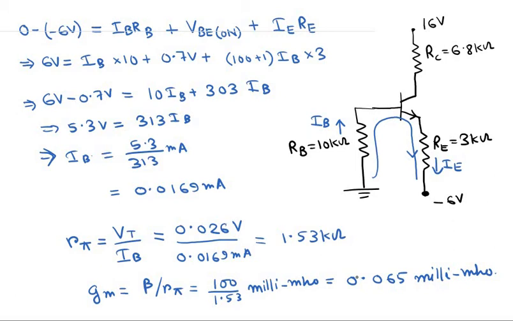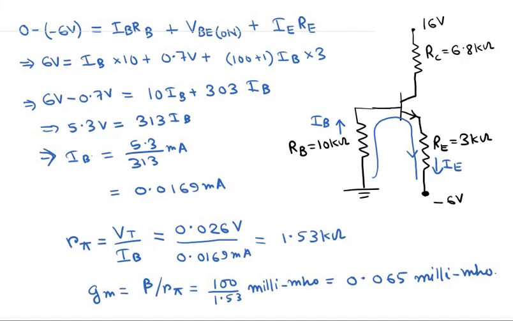And r0 is equal to VA divided by ICQ, and since VA is infinity, irrespective of the value of ICQ, r0 is also infinite. So we have these three parameters of the small signal AC model.